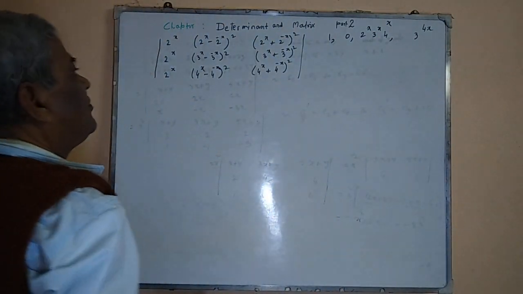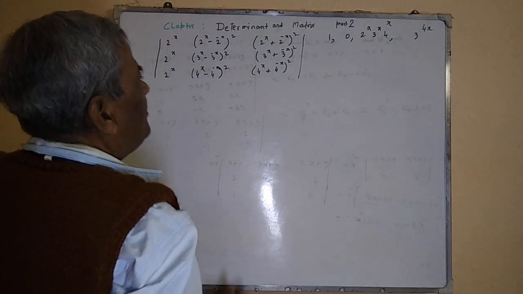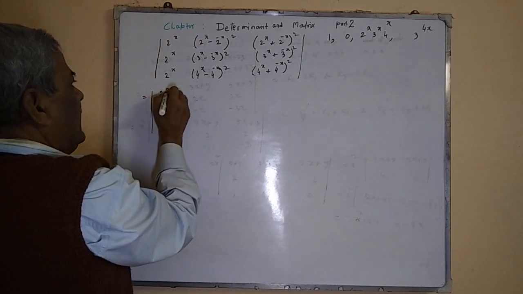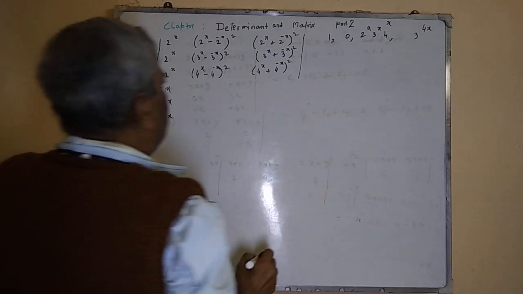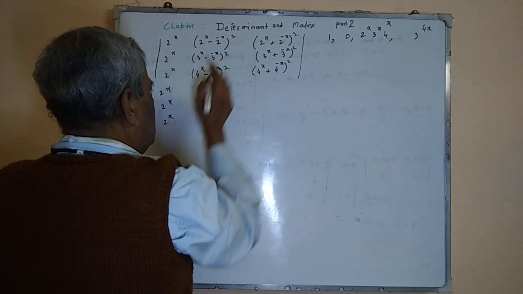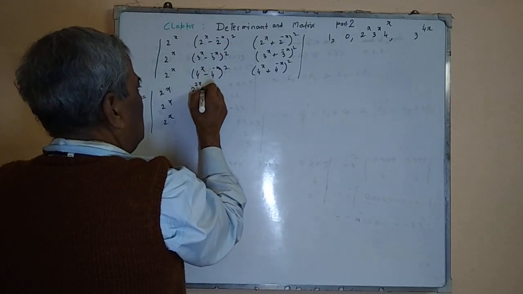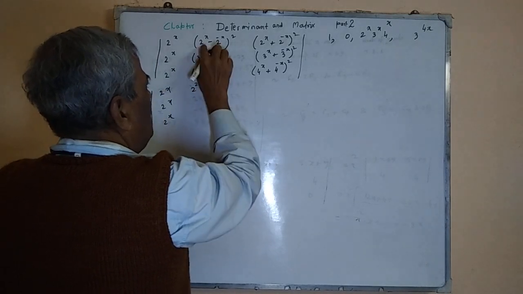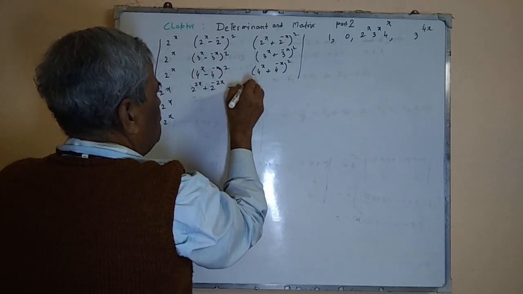So it is equal to 2 to the power x, 2 to the power x, 2 to the power x. Then this is equal to 2 to the power 2x plus 2 to the power minus 2x, and the product term is minus 2.